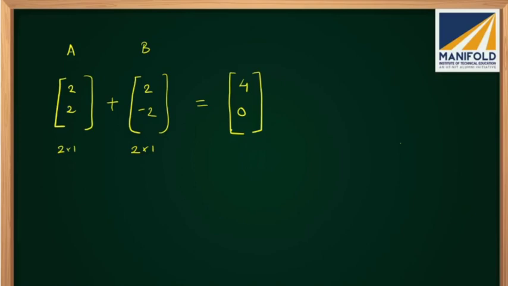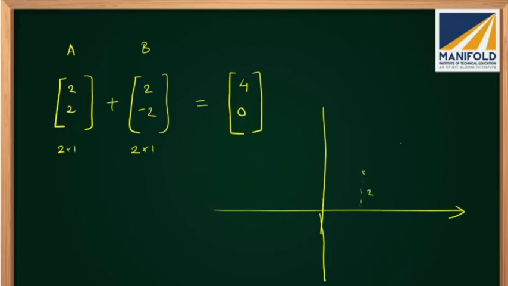Now you should have a picture of column vector addition when you write this equation. That is where you need the 2-dimensional plane and the representation of columns as vectors. Let us see what this vector corresponds to. 2, 2 corresponds to 2 units in the x direction and 2 units in the y direction. So this will be 2 and this will be 2, and naturally that is the vector.